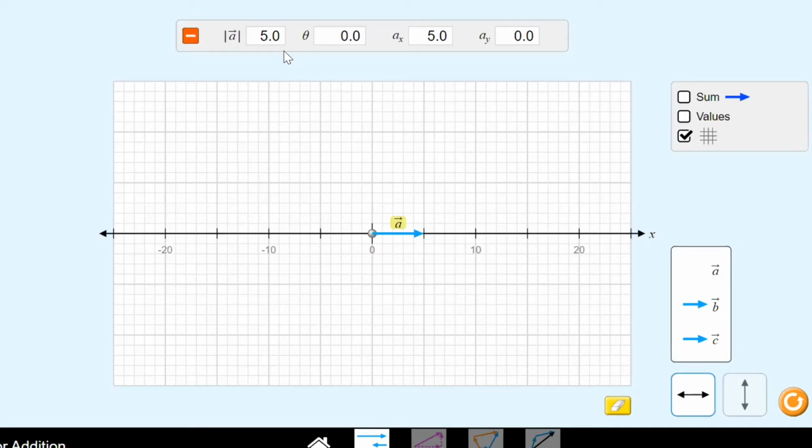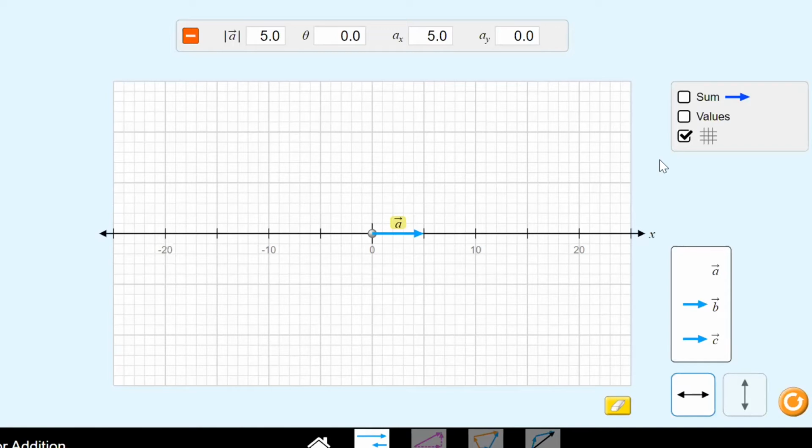Its x component is 5, whatever our unit is, let's say 5 meters, and our y component is 0. And we want to consider one direction as positive. And here I want to say that right is positive.